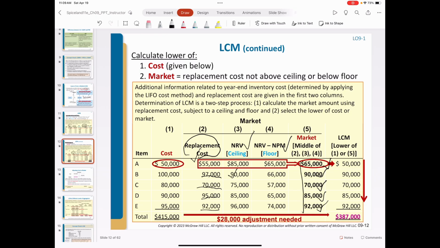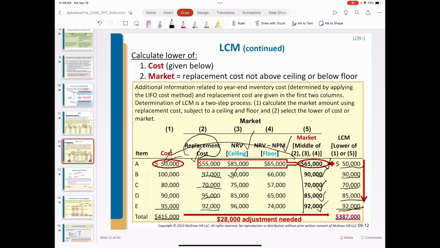We have market value, then we compare to the book value, the old cost, and use the lower value. So cost 50 for item A, market value 65, we use cost. B, we use market. C, we use market. D, 85 is less than 90, we use market. E, 92 is less than 95, we use 92.